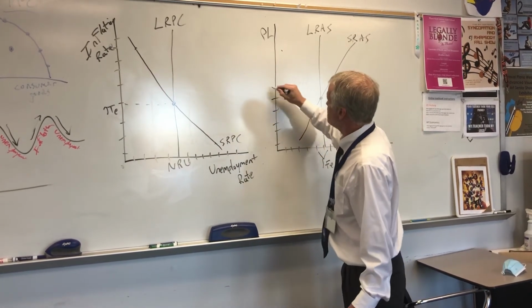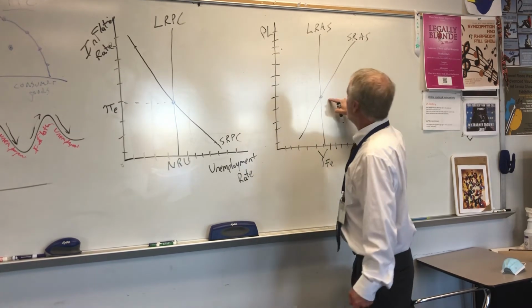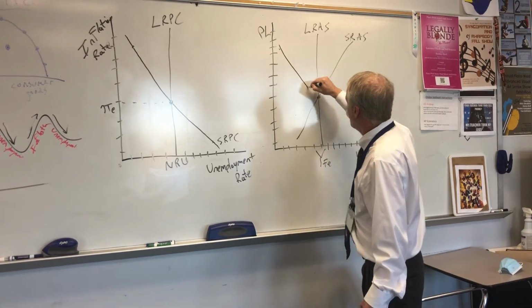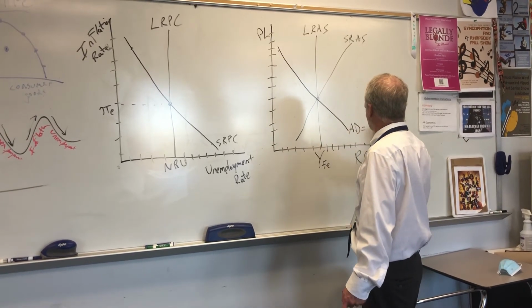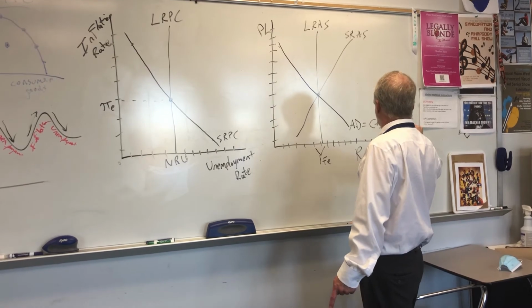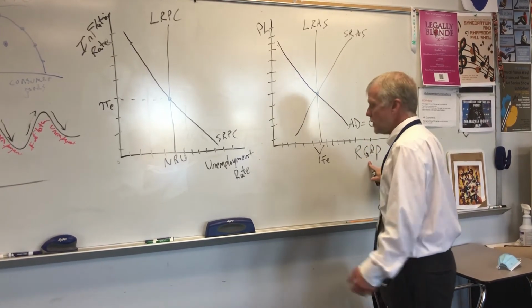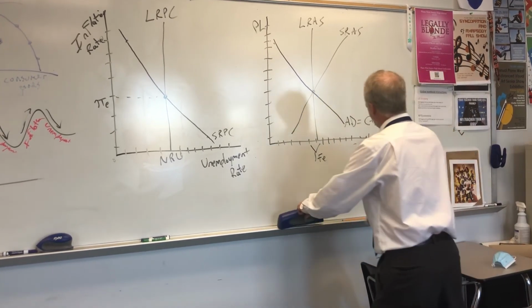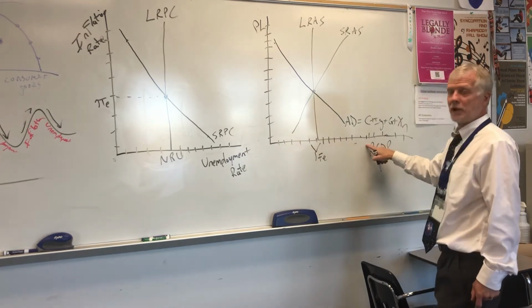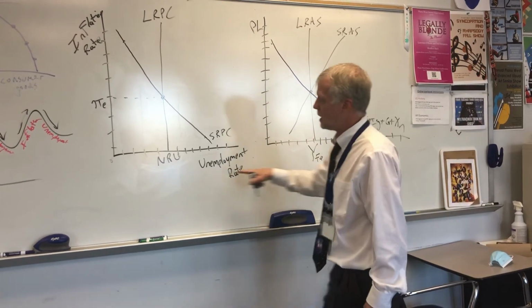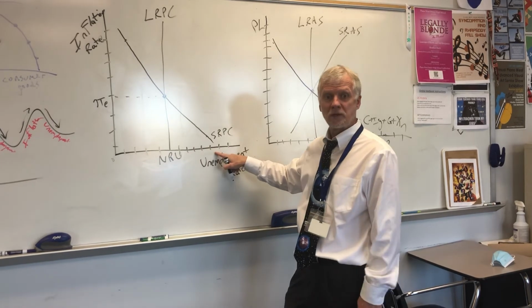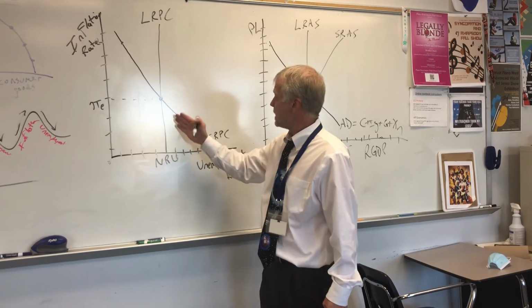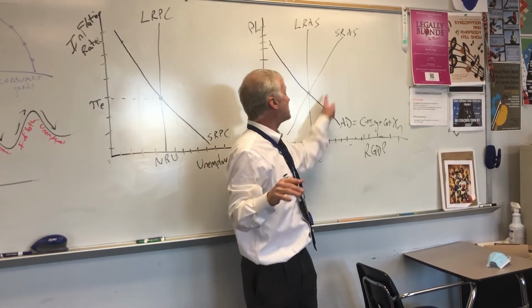As more and more people are employed, prices get higher and aggregate demand can increase. We have real GDP representing output: as output increases, more and more people have jobs. We have the Phillips curve representing unemployment: as unemployment decreases, more and more people have jobs. So the SRPC is a mirror image of the SRAS curve.